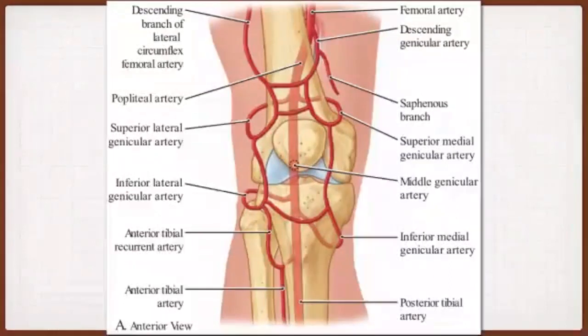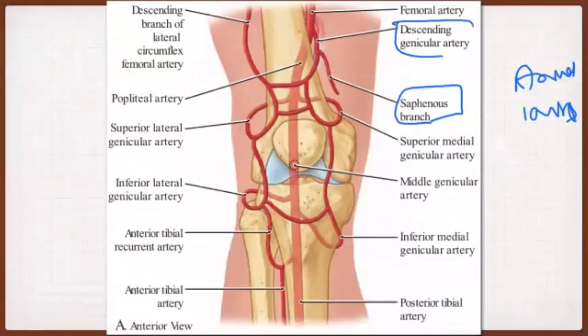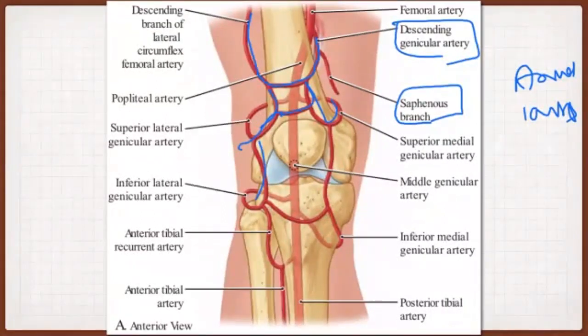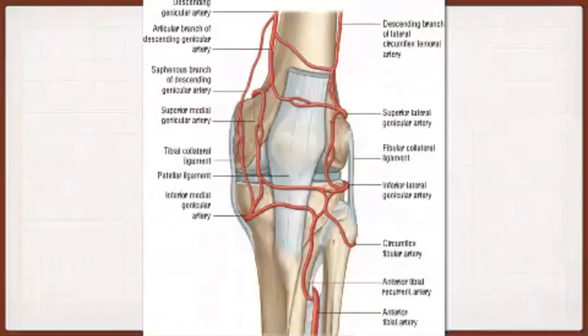You see, this is the anastomosis around the knee. See, this is the saphenous artery, right? This is the descending genicular artery, forming an arch. It will be more clear in the descending branch of the lateral circumflex femoral artery.